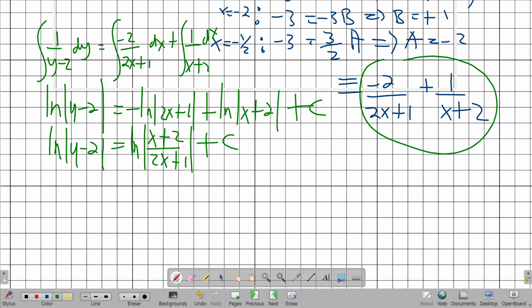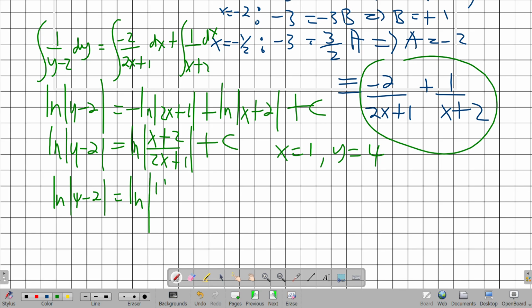The initial condition that was supplied said x is 1 and y is 4. So we've got a condition that says x is 1 and y is 4. What happens if I do that here? I'm just going to have natural log of 4 minus 2, and x is 1.